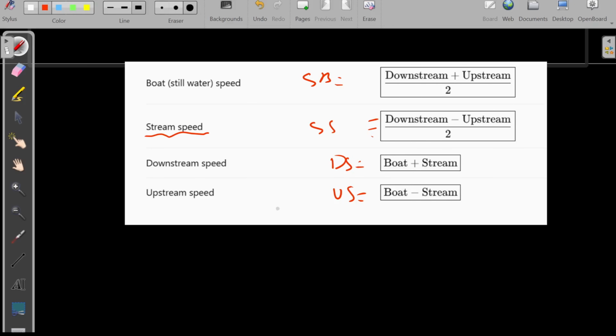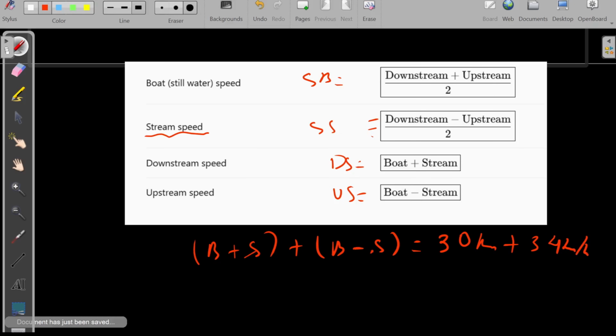Now let's see why this equation works, meaning this boat in still water, downstream plus upstream. So let's add these values. So I have boat speed plus the stream plus boat speed minus the stream. Upstream is 30 kilometer, downstream is 34 kilometer per hour.